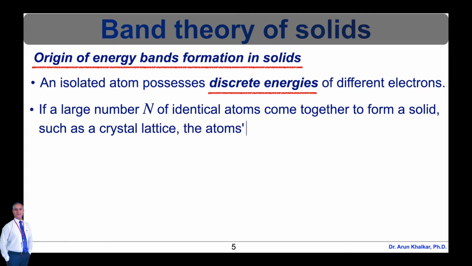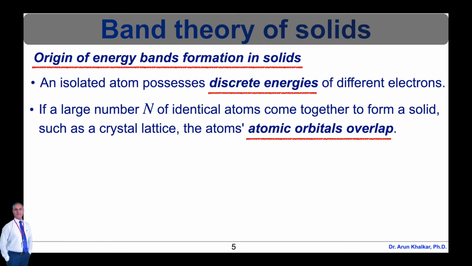If a larger number, that is capital N, of identical atoms come together to form a solid, such as a crystal lattice, the atomic orbitals overlap. Since Pauli's exclusion principle states that no two electrons in the solid have the same quantum numbers, each atomic orbital splits into N discrete molecular orbitals, each with a different energy.